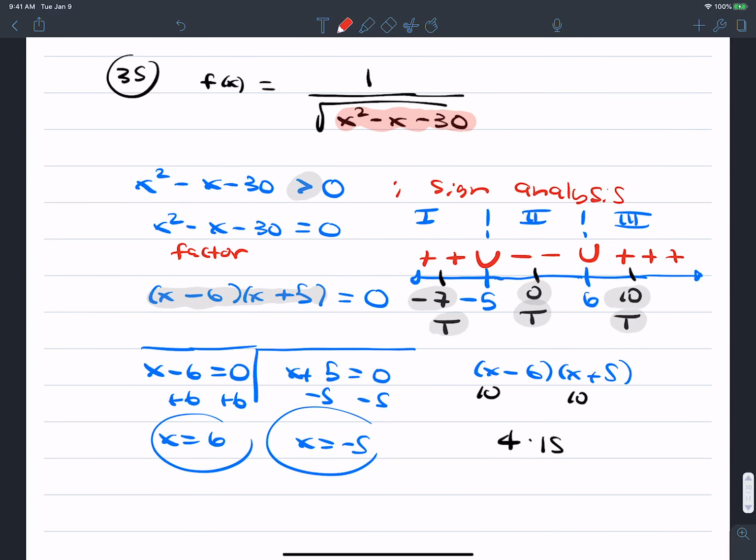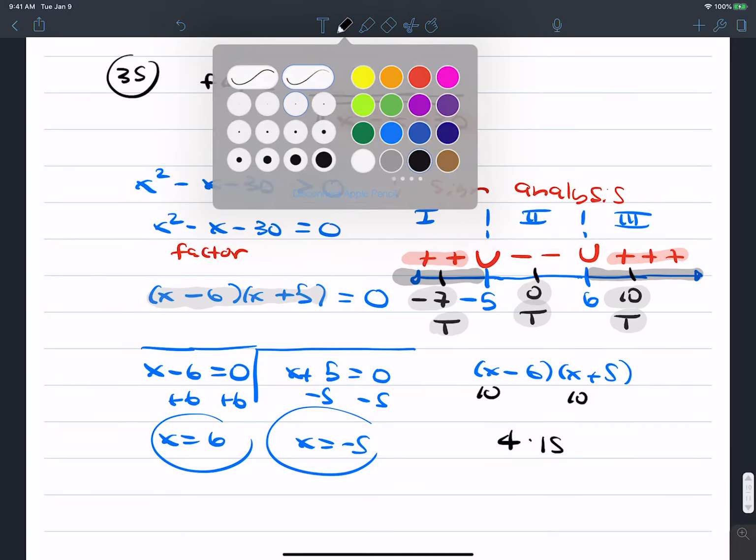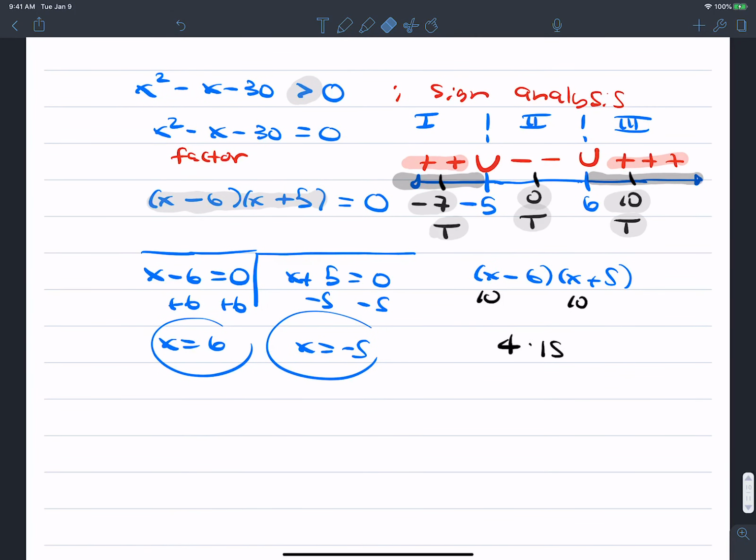So all these test points here have to be tested. Notice again, we want to find where this is positive. So positive happens in region 1, region 3. It happens for the values of x that are to the left of -5 and to the right of 6. We don't include the endpoints of -5 and 6 again because that's where this fraction here is undefined. Those are rocks. So we're going to sketch a nice real number line. We're going to shade things where we should.